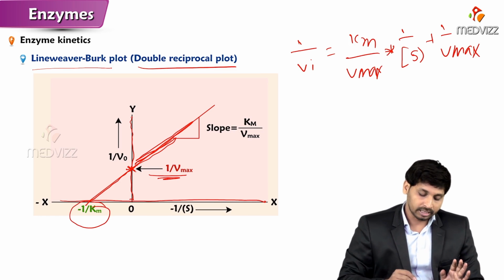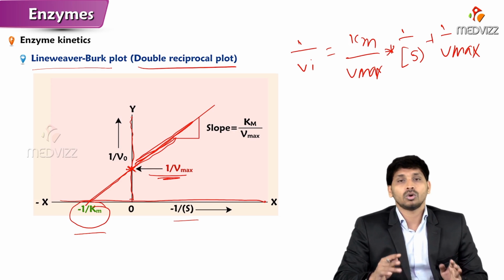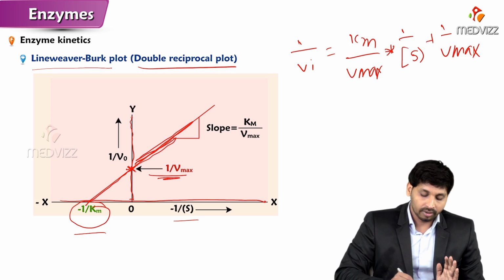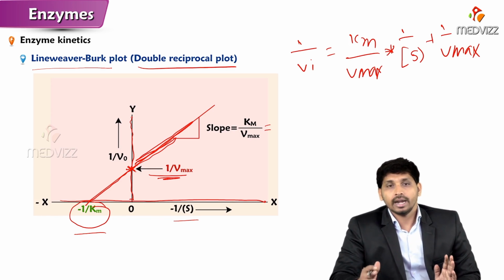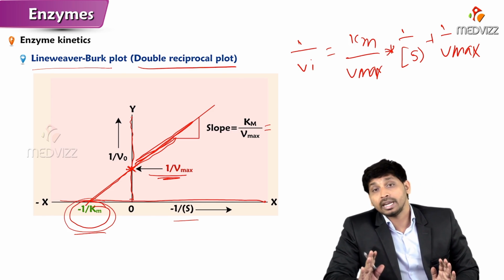So these are the special parameters of the Lineweaver-Burk plot. Here itself we can make out the slope Km divided by Vmax and calculate the Vmax, and this is totally different with different enzyme inhibitors.